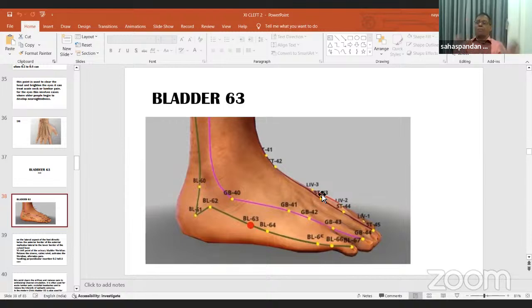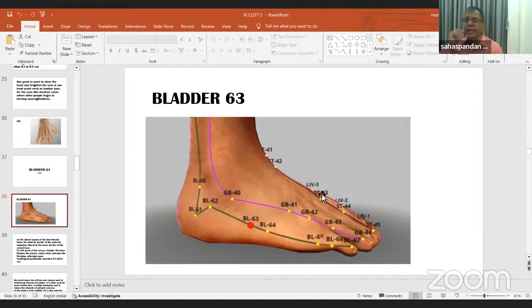It is often used for acute lumbar pain because this meridian travels on the back. There are two pathways: one pathway is 1.5 cun away from the spine, and the second pathway is 3 cun away from the spine. So understand the importance of this point.